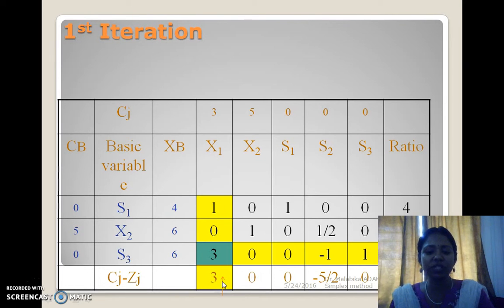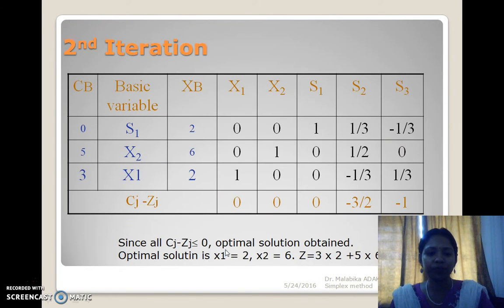Here 3 is positive, so its corresponding variable x1 is the incoming variable, and now we calculate the ratio. So the outgoing variable is x2. Okay, so now the intersection point is 3. Now in the next table, this 3 will be 1, and the others here will be 0 and 0.